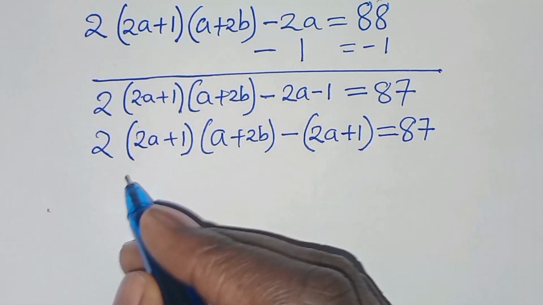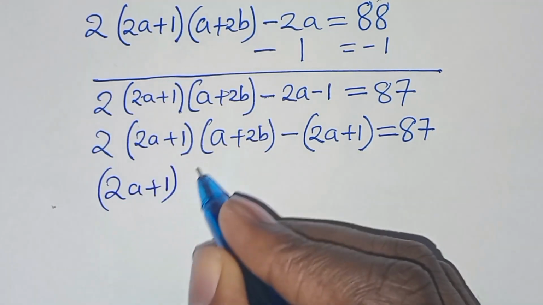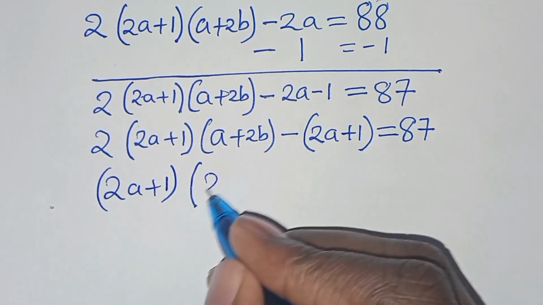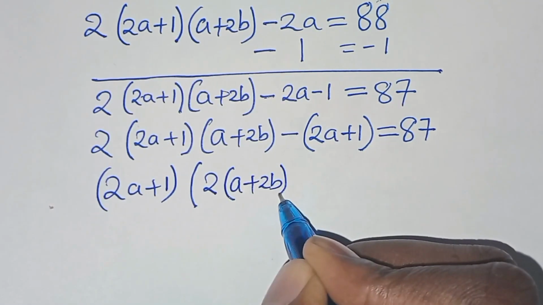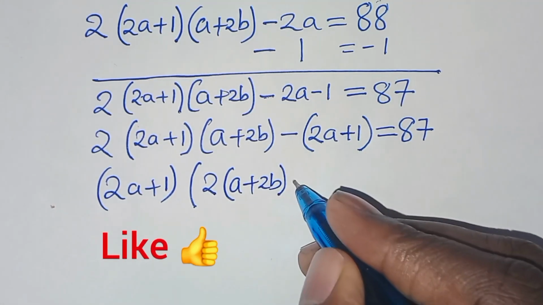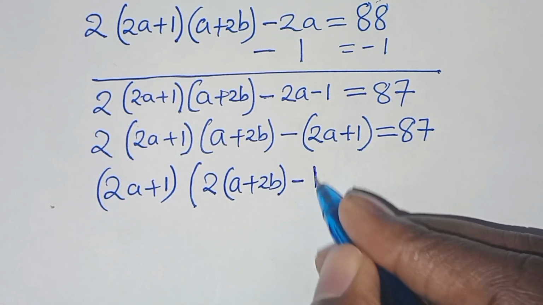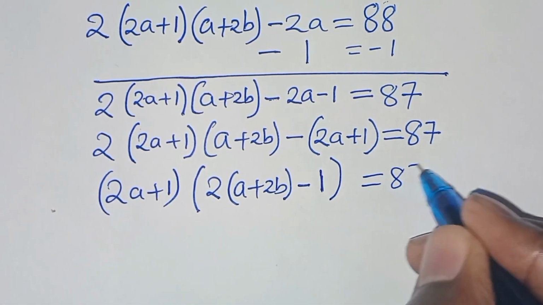We can factor out 2a plus 1, then into the bracket we'll have 2 times a plus 2b, now subtract 1, equal to 87.